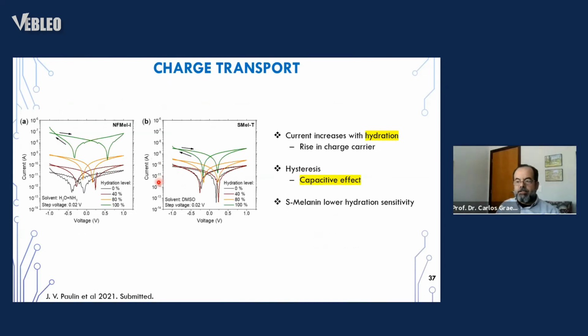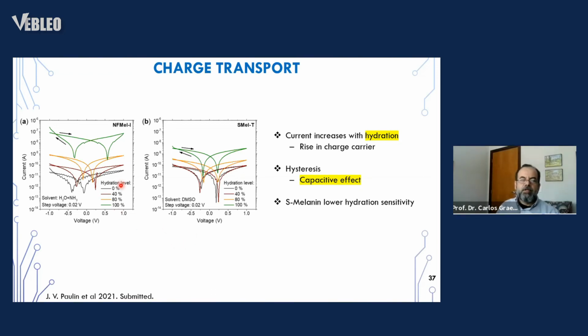Looking now at charge transport, these materials are not very good conductors. What is interesting is that one is still not sure which is the main charge carrier responsible for the conductivity in N-melanin. There is a discussion on whether it's electronic or ionic, and the consensus is coming to a kind of hybrid material.